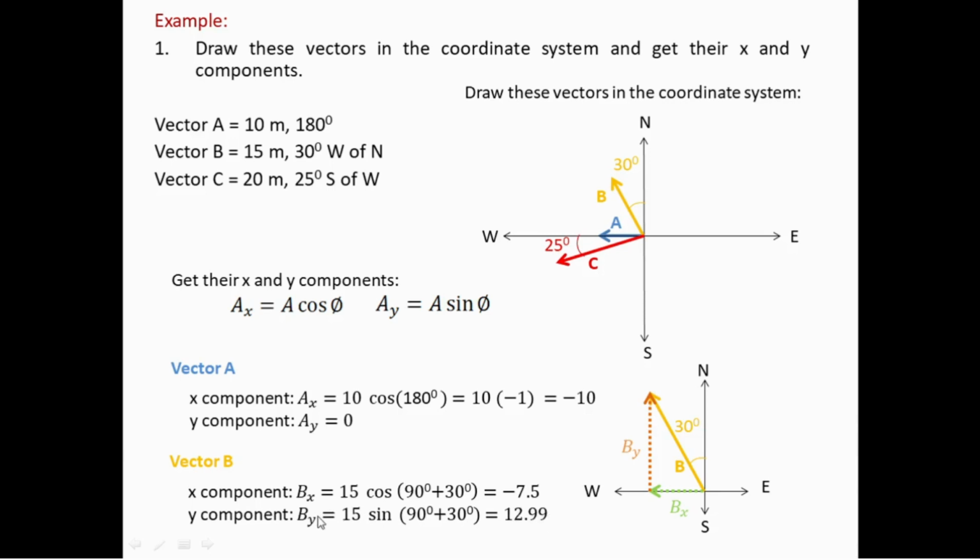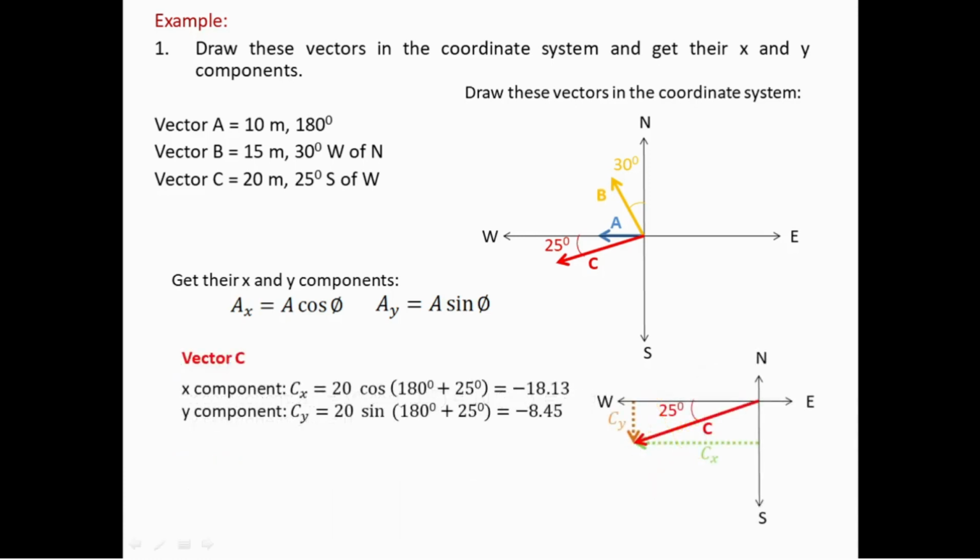So this b sub y is the y component of vector b, which is represented by this orange arrow. This one is positive because, as you can notice, the arrow is pointing towards the positive y direction.